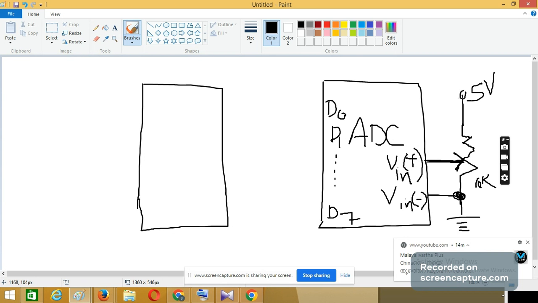Now we need a VCC supply to power this ADC, so that comes from this 5 volt. Then there will be some ground. There are two types of ground: digital ground and analog ground, A ground and D ground.